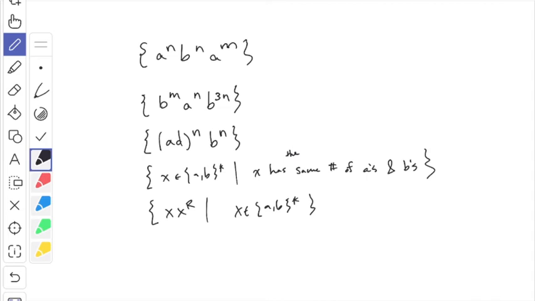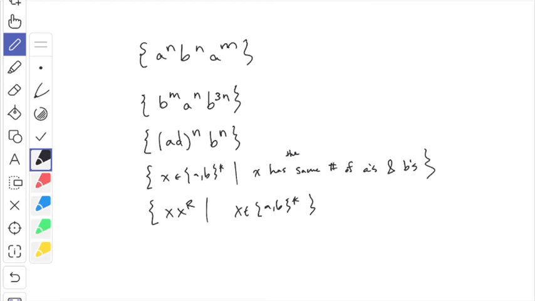Any thoughts about same number? My suggestion would be, so you want to make sure there's the same number of each.